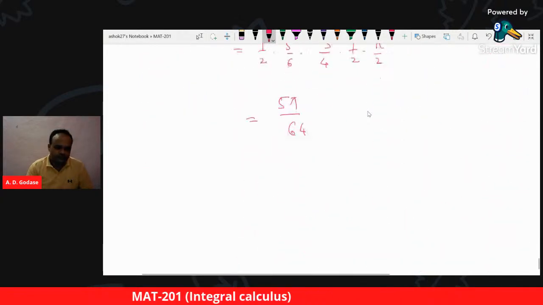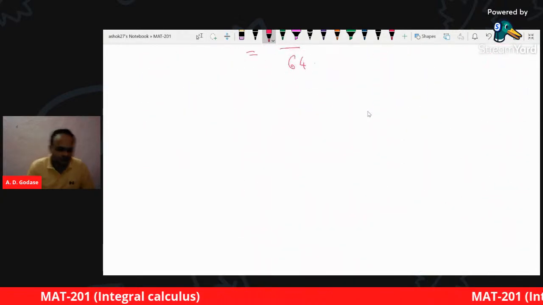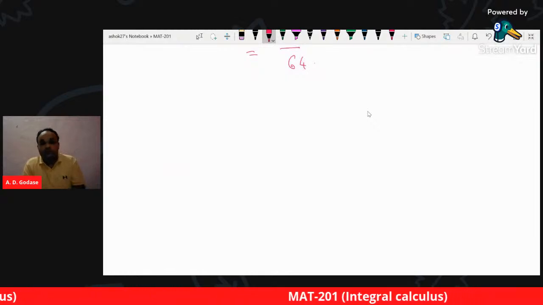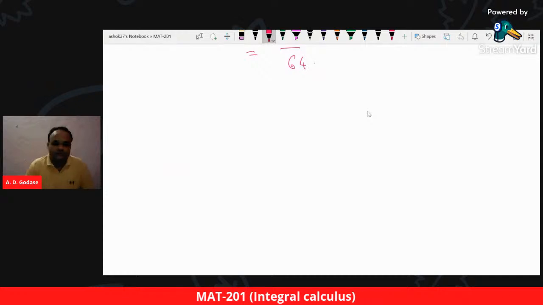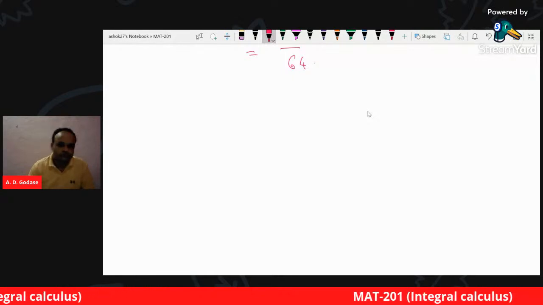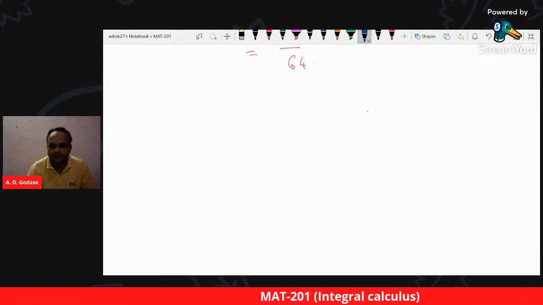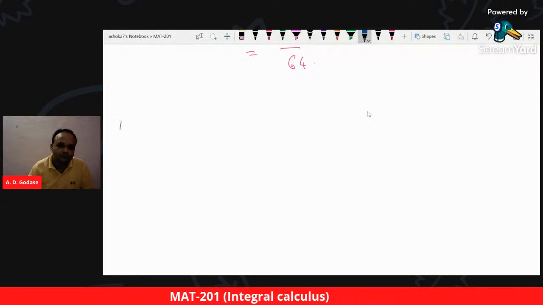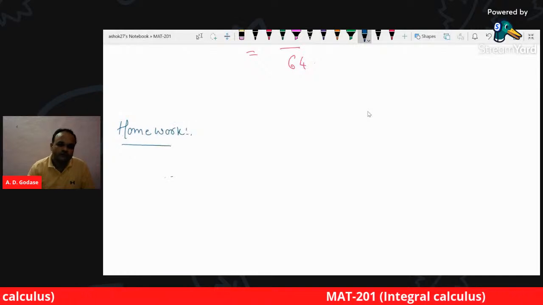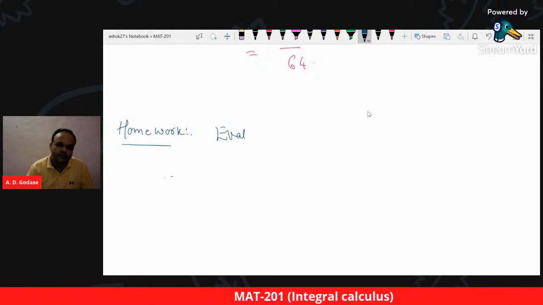In a similar way, you can solve some examples as homework. This homework will end the chapter, that is chapter number 3. I will give some examples as homework. The question is: evaluate the following integrals.